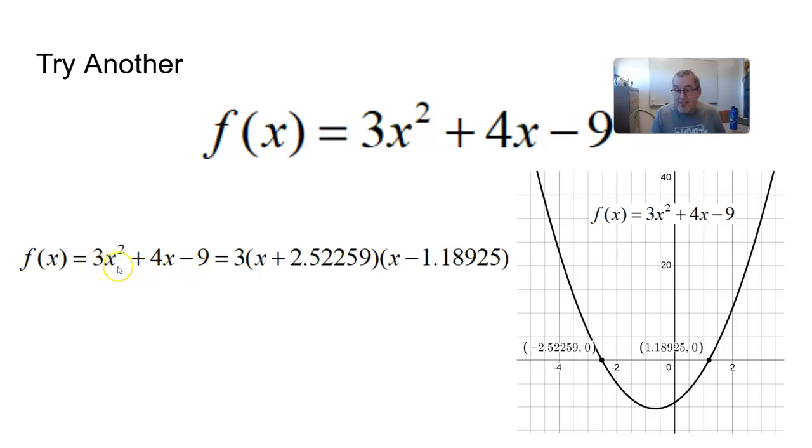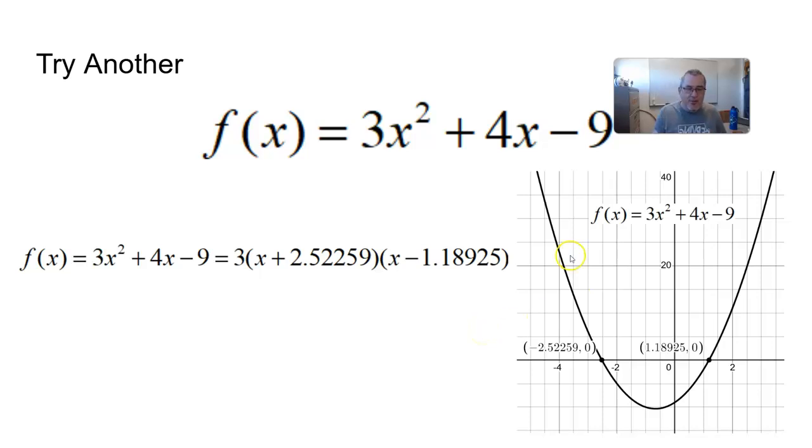So we call this standard form when you can do that deal about, well, initially the function's at -9, has an initial rate of change of 4, but that rate of change is getting greater by 6. And we can think through the parabola. In factored form, we would say x plus 2.52259 and x minus 1.18925.